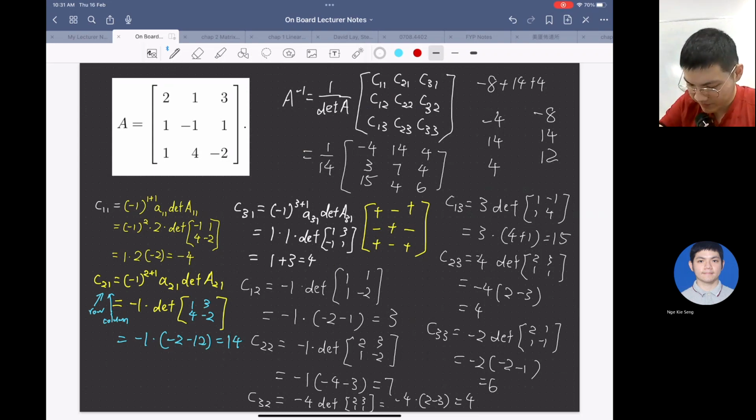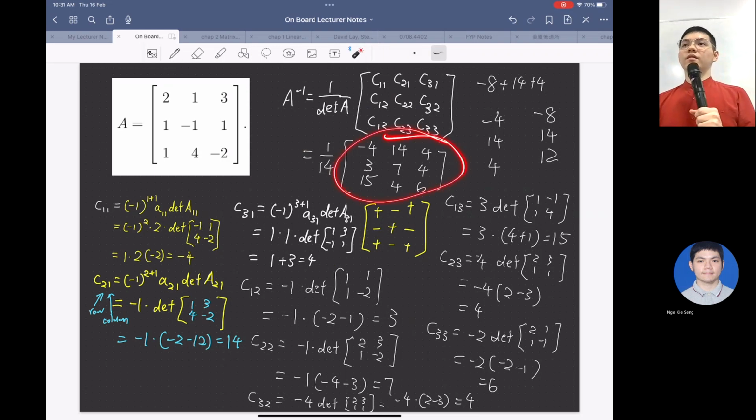Or finish verifying? Anyone got this matrix or not? What matrix do you have?